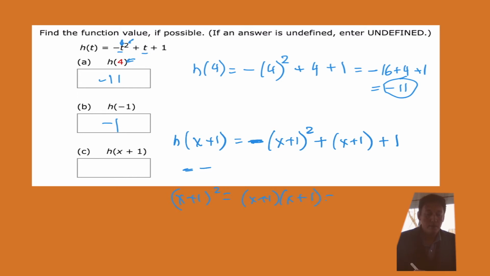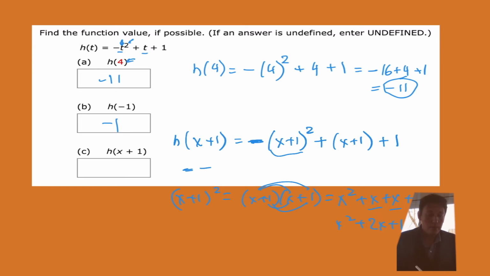So we would have to FOIL here. First, outer, inner, last. We multiply those terms. And we have x squared plus x plus x again plus 1. We're going to combine the like terms. x squared plus 2x plus 1 replaces this piece right here.